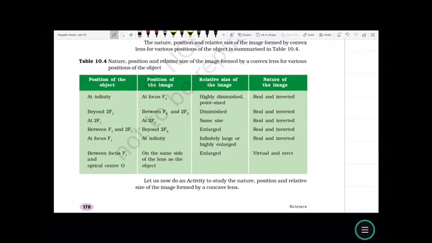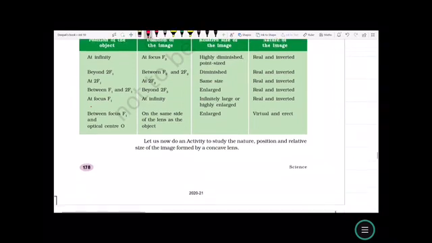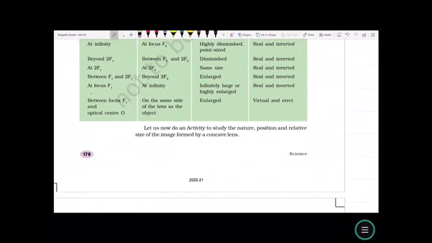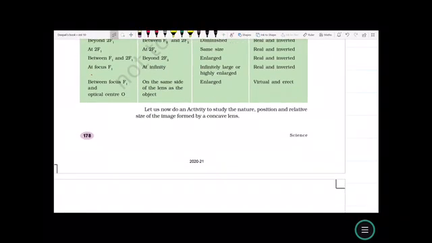Between F1 and 2F1, beyond 2F2, enlarged, real and inverted. At focus F1, at infinity, infinitely large or highly enlarged, real and inverted. Between focus F1 and optical center O, on the same side of the lens as the object, enlarged, virtual and erect. So did you see the similarity between the image formed by the lens and the mirror?